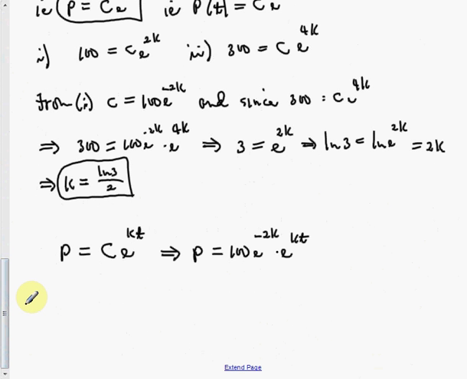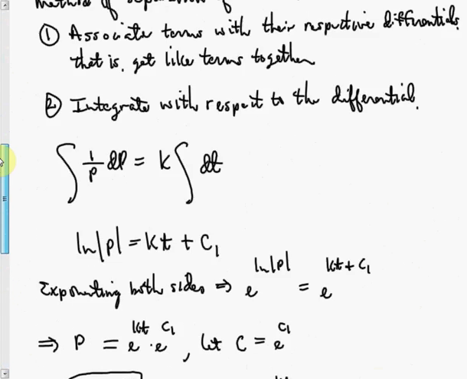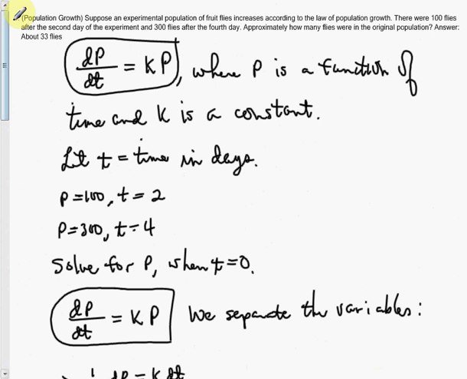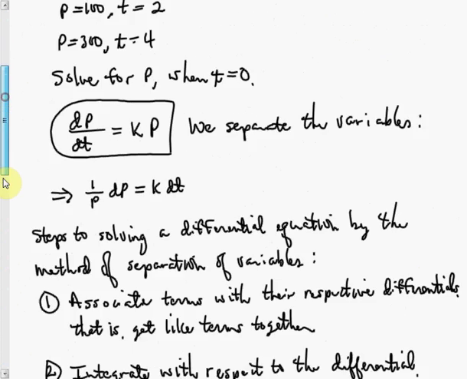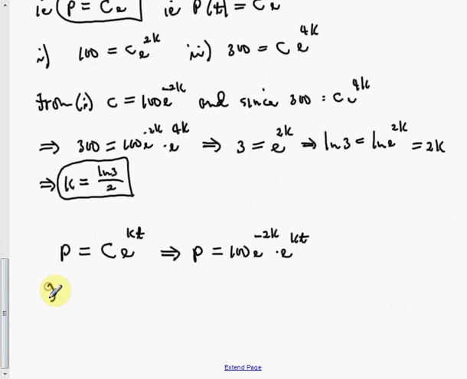Now, it says find P when t is equal to 0. Go back up. Approximately how many flies were in the original population? That means that right at the initial, that's when t is equal to 0. What's capital P? What's the population? So find P when t is equal to 0.